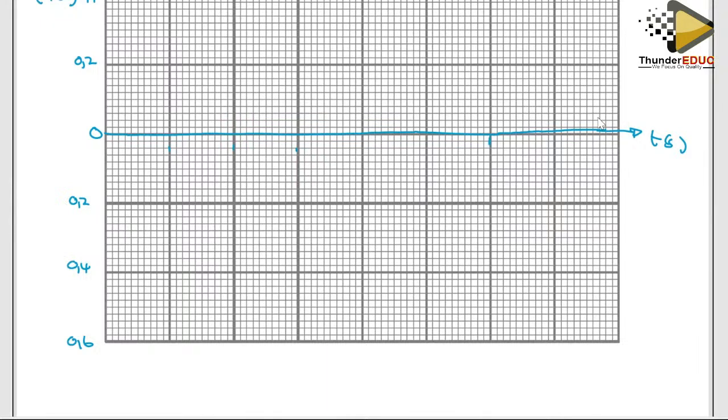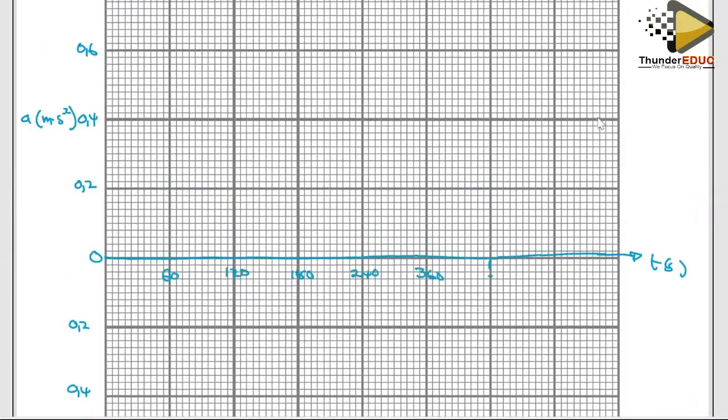Let me see if I say 360 divided by 6, what am I going to get there? 60. So here I can say 60, 120, 180, 240, then 360, continuing like that, right? Then after that, now let's plot our values there.